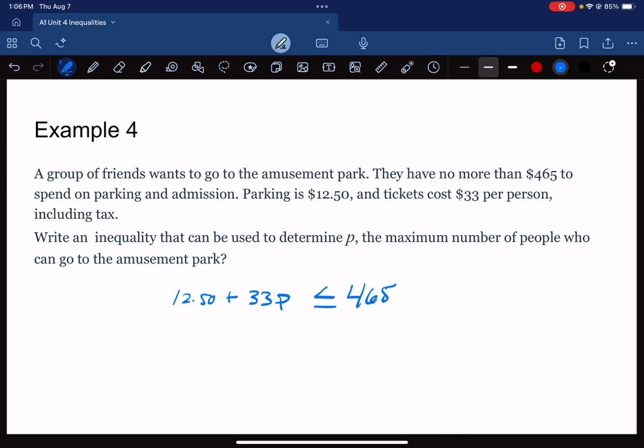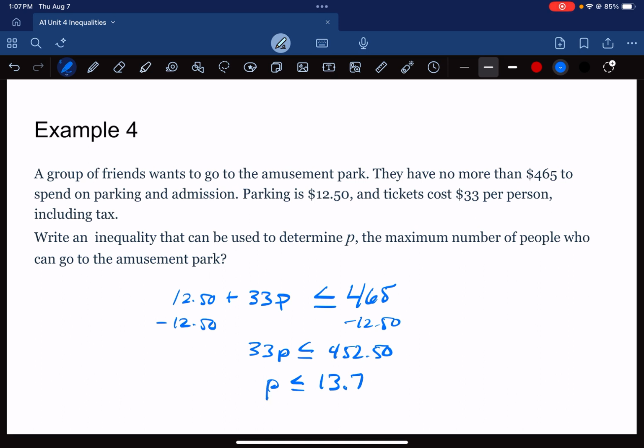So we just need to know the number of people that can go. So we're going to subtract 12.50. 33p is less than or equal to 452.50. We're going to divide by $33 a piece, and p is less than or equal to 13.7.